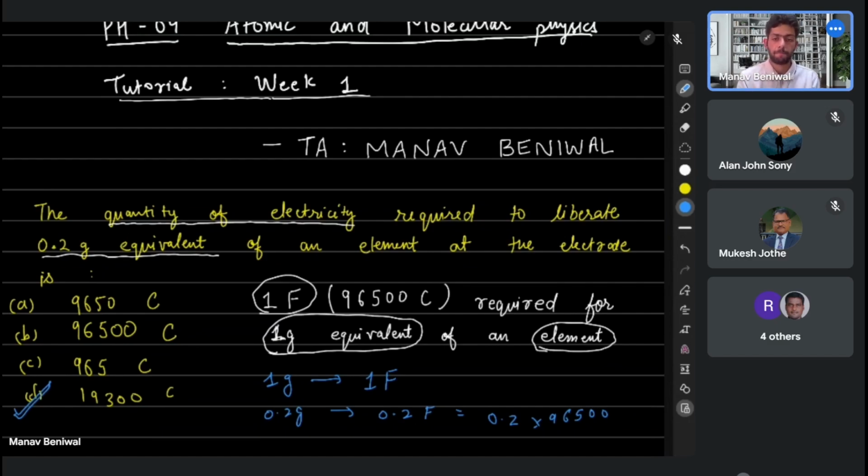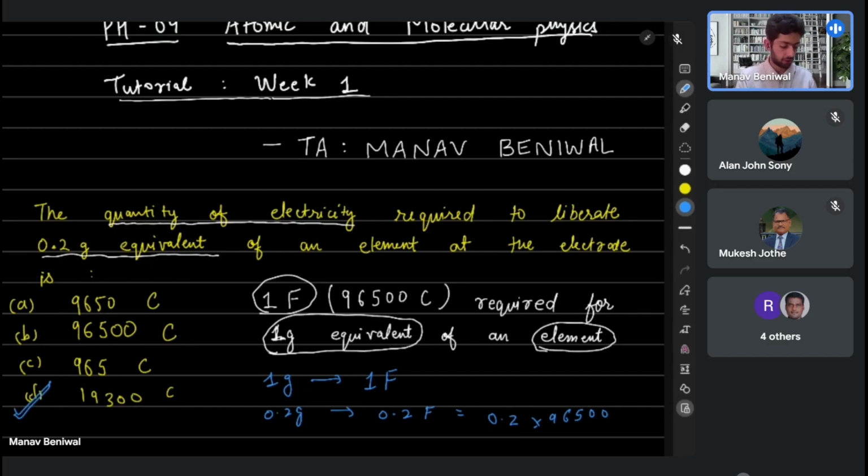Is this clear? If no, feel free to unmute yourself and ask what part you did not understand. Otherwise, we'll move on to the next problem. This was a fairly straightforward problem. It just requires us to know what 1 Faraday of charge means, right?